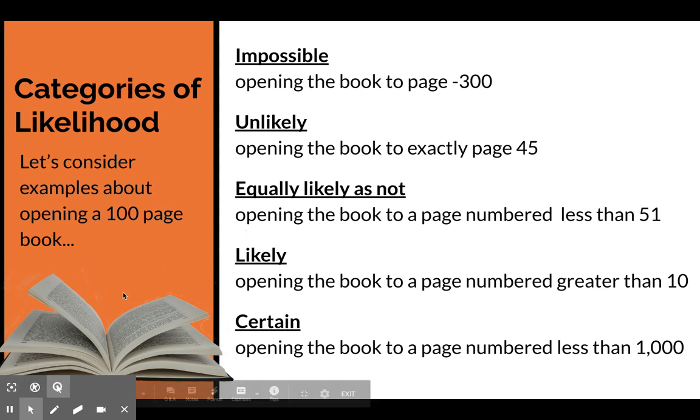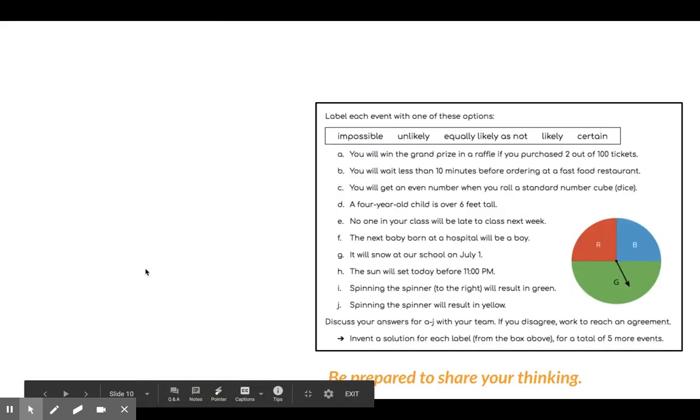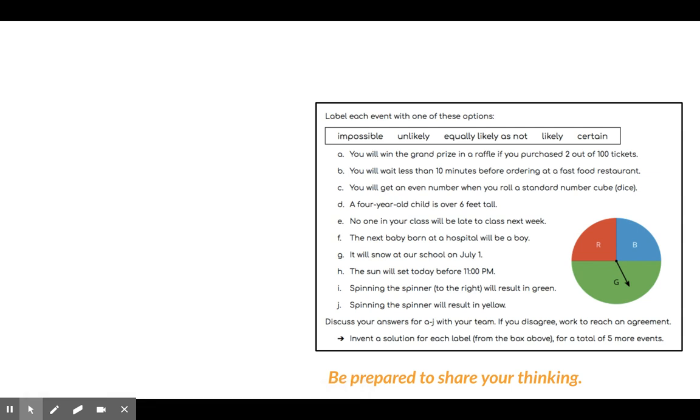Okay, moving right along. So now we're going to look at the exploration activity in our student companions. For the exploration activity, it said that we wanted to label each event with one of these options: impossible, unlikely, equally likely as not, likely, or certain. Remember, you do have the options in your notes now for you to reference.